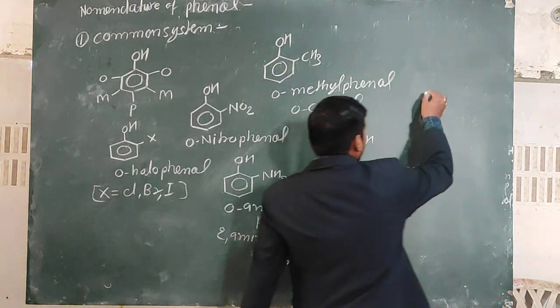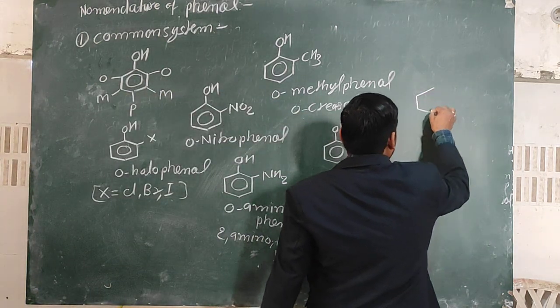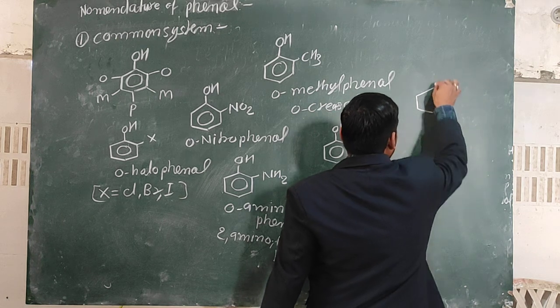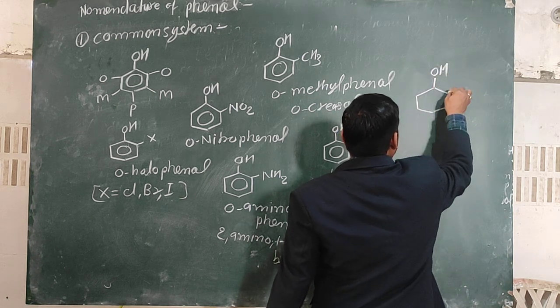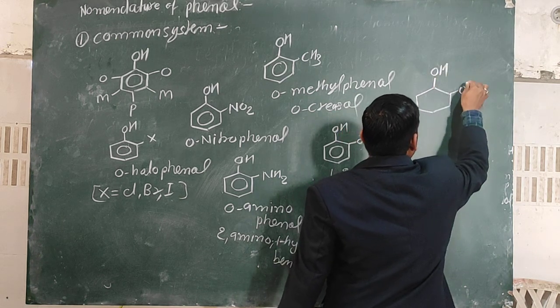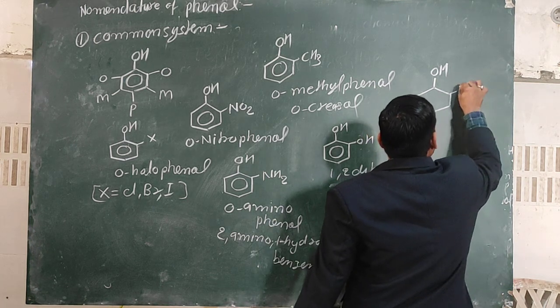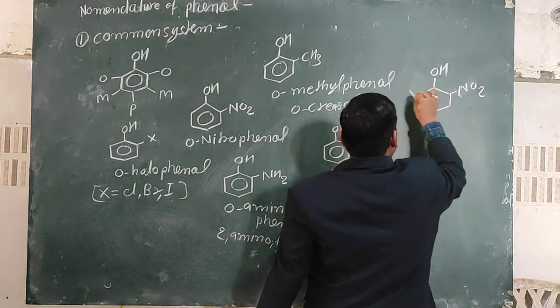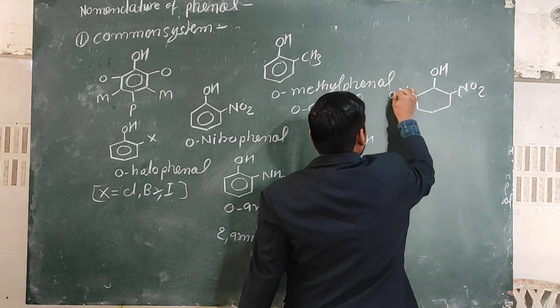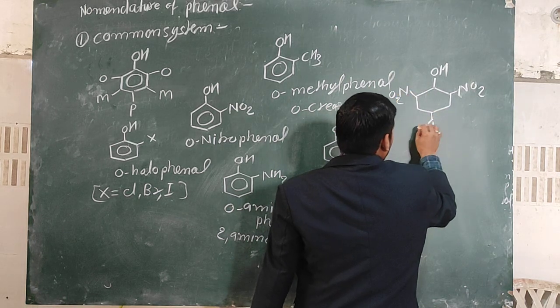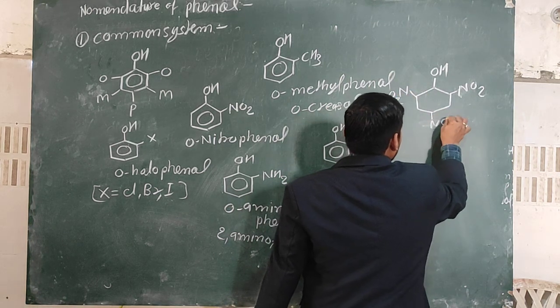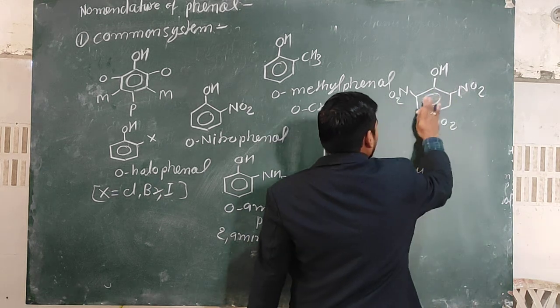Another example is also very necessary for you, because this type of example generally appears in your examination, that what is the name of this compound or what is the IUPAC name of this compound.